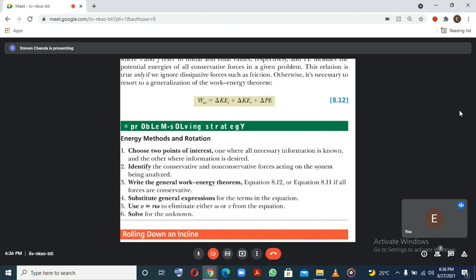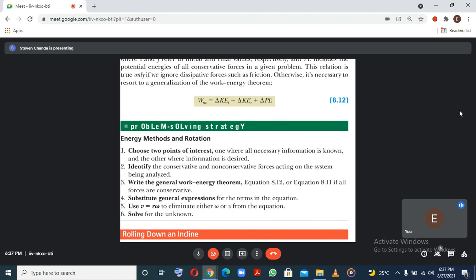And importantly, do I have any non-conservative forces? Because if you've got non-conservative forces, your equation is different, so you wouldn't want to miss that. That's a key point. Then there are those equations that we've talked about.